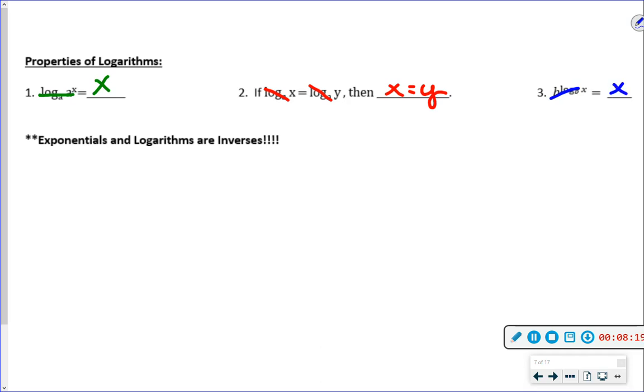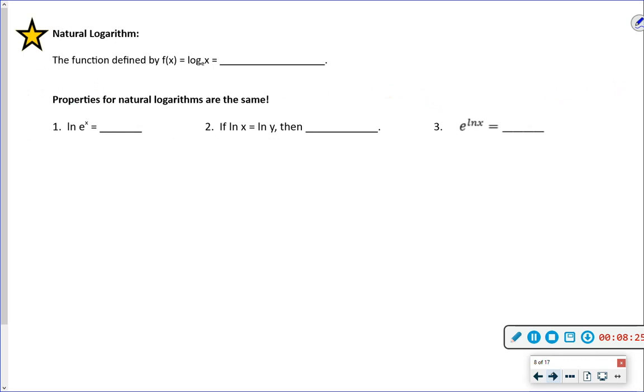So simple enough, not a lot of work. We just have to remember logs and exponentials cancel each other out. So we're going to practice simplifying some things coming up here. But we got to talk about natural logs because the properties are the same, but we just got to throw them on here. So remember, log base e, you're never going to write log base e. You're going to put ln. We've already talked about that. So just like it says, properties of logarithms are the same.